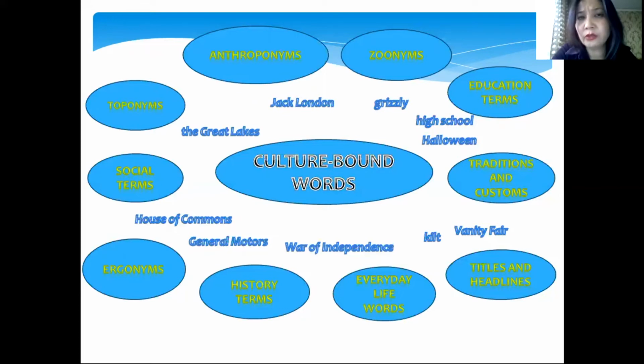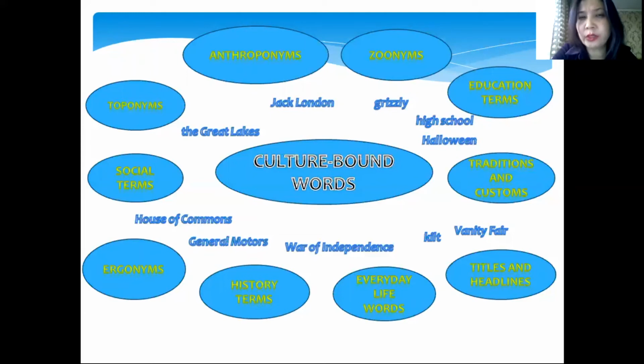So the next group is everyday life words. For example, sushi, kilt, kimono, kabuki. So the next group is history terms. For example, the Civil War, War of Independence, Великая Отечественная война.